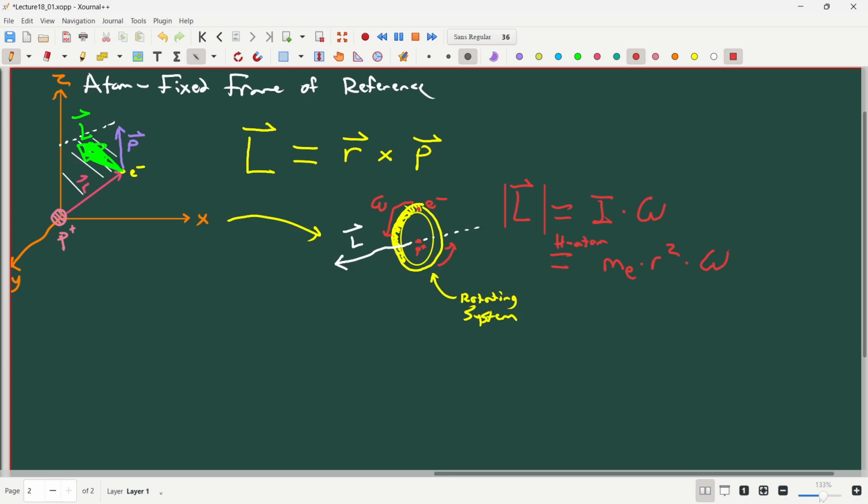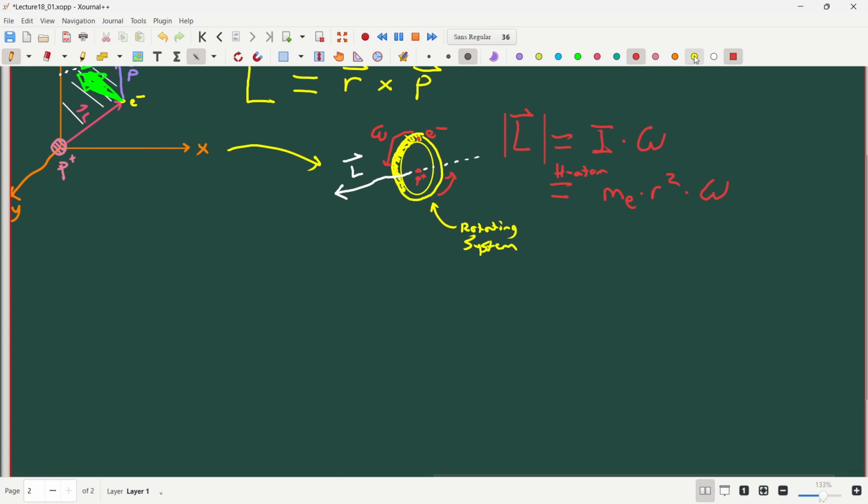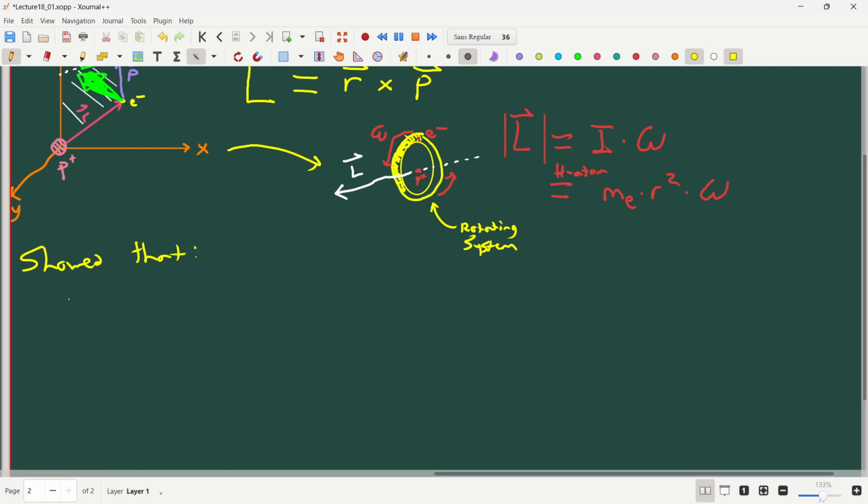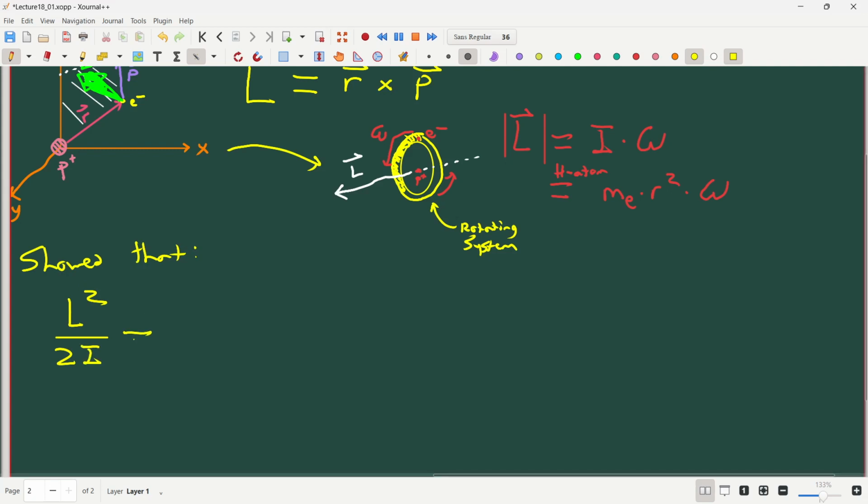Okay, so we want to take this system and convert it to quantum mechanics, which we kind of did last class. I'll just remind you of the results. We spent a good amount of time on it. We showed that L squared over 2I, the square of the angular momentum divided by 2I, is equal to the kinetic energy.